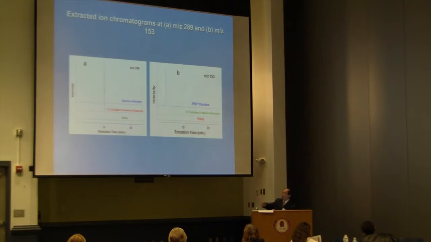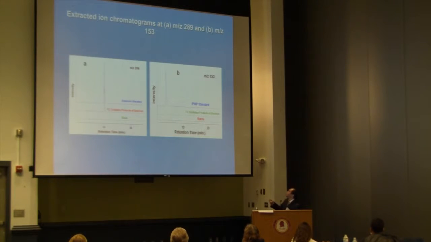If they appear in the same position here, you can see the blue one. This blue one is a standard, and the red one is one of the oxidation byproducts of the diazinon. They appear at the same time, so that could indicate that they could be the same compound, right?